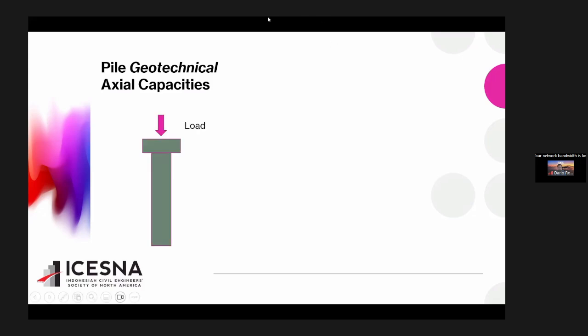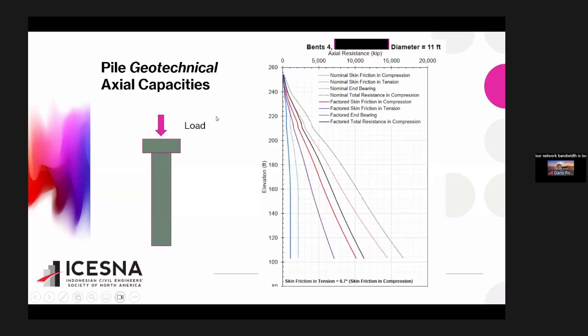So, pile capacity, right? You have a pile or a drilled shaft, and you have a load here. You need to design your pile. So typically, this is what you get using the equation that I just showed you before. You can plot basically the tip resistance or side resistance with elevation or depth.